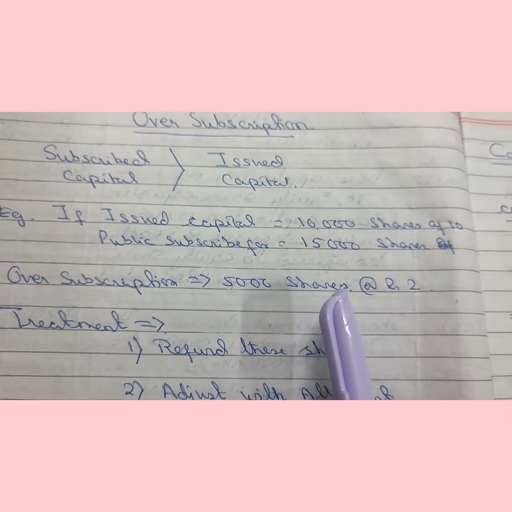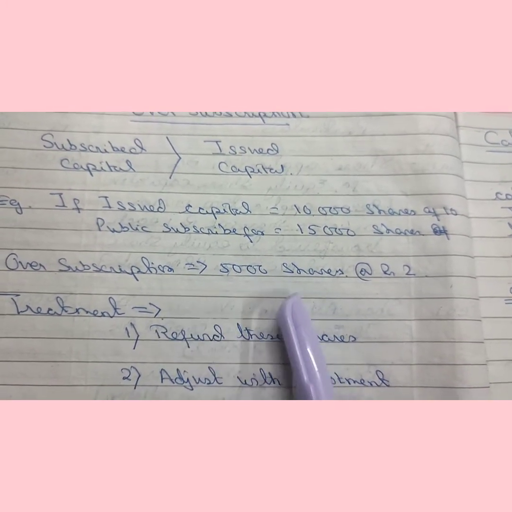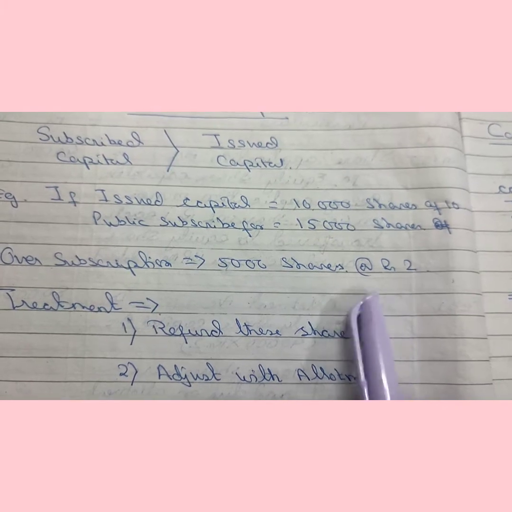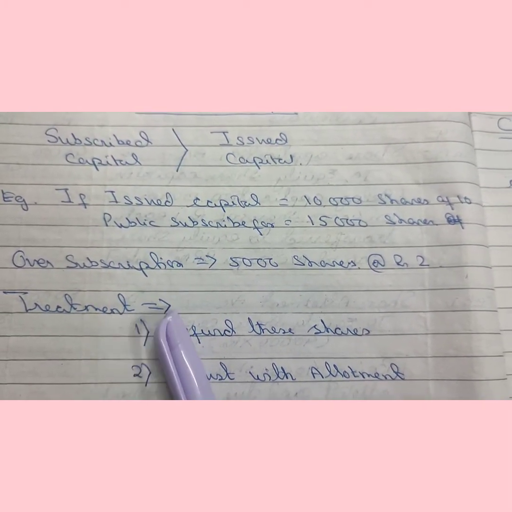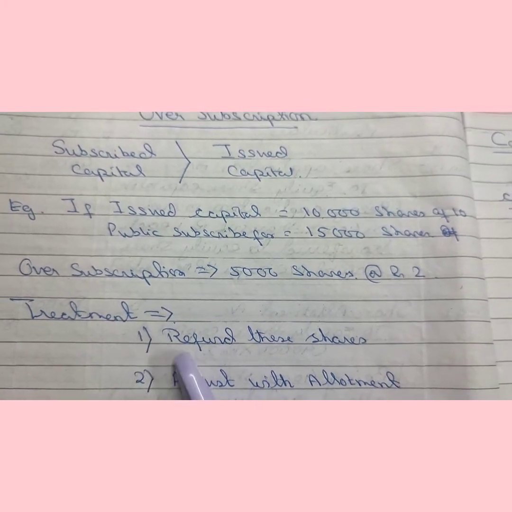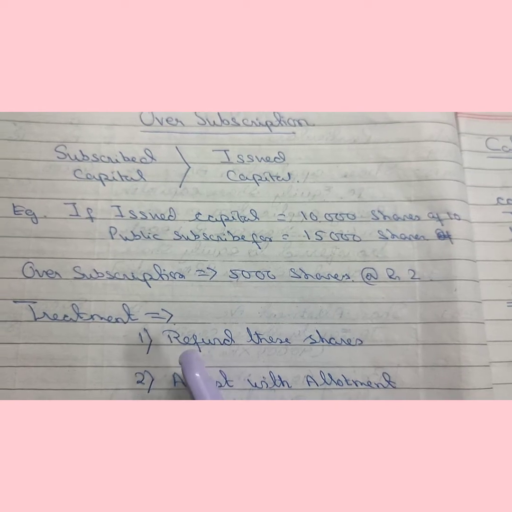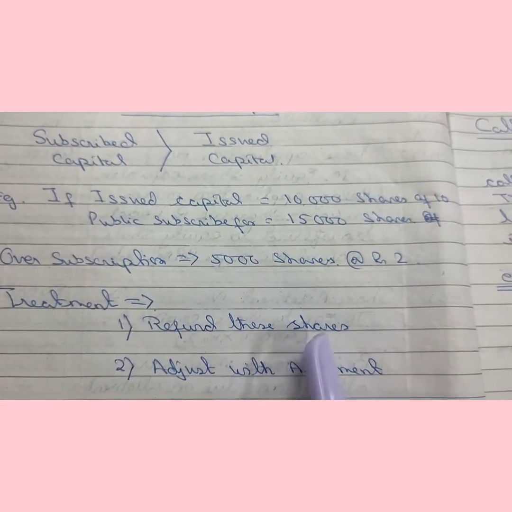There are three ways to adjust this oversubscription amount. I have written here the treatment of oversubscription amount. The first one is very easy. The company can refund the amount with a letter of regret.